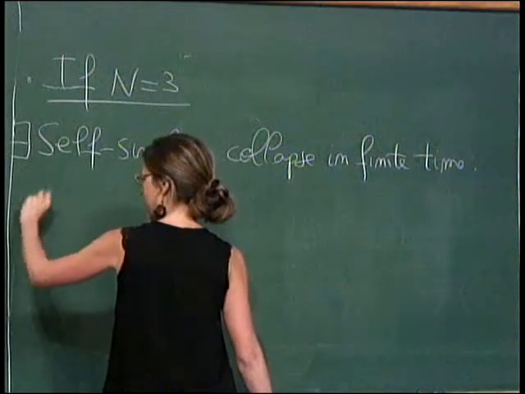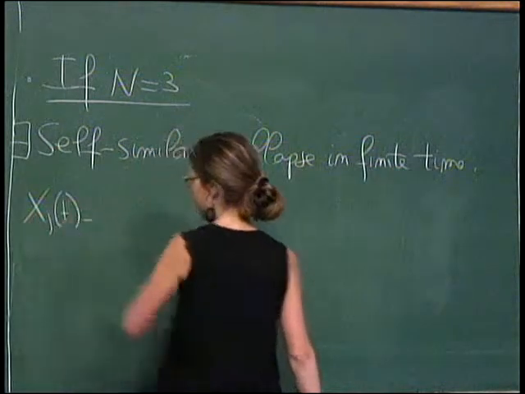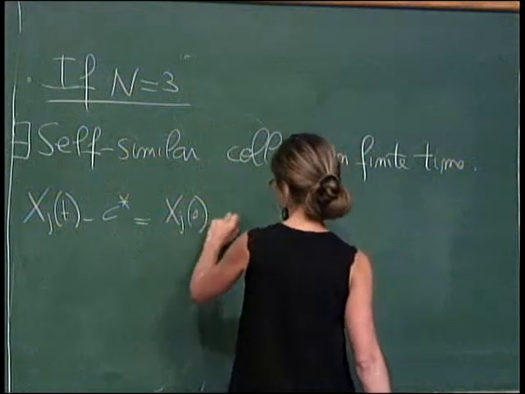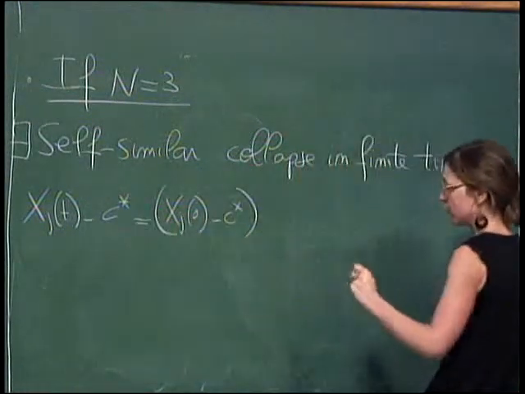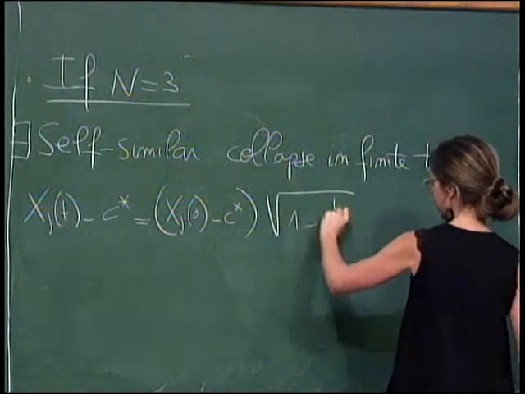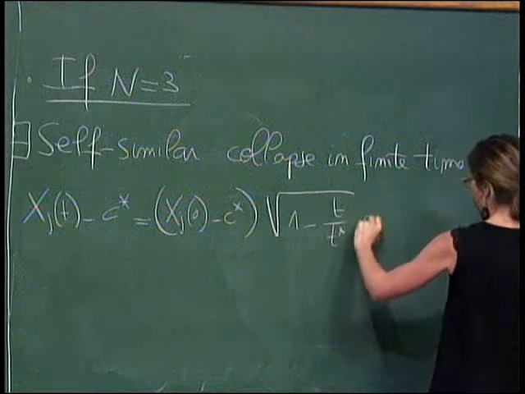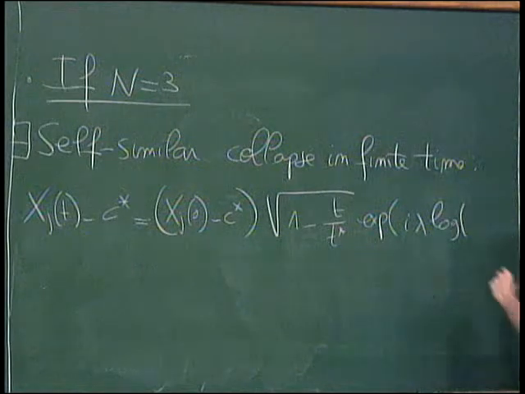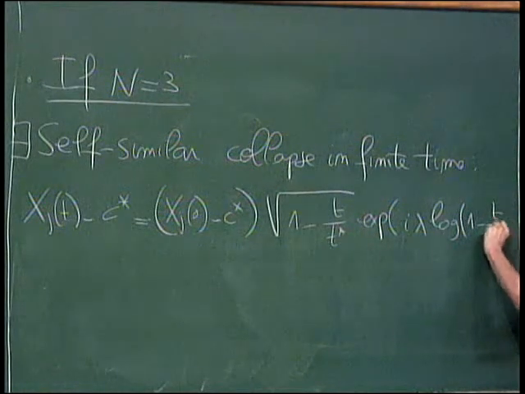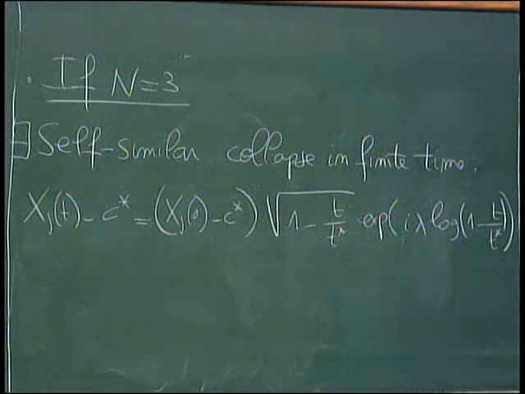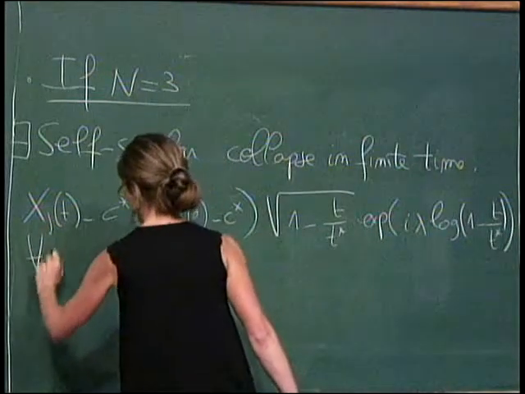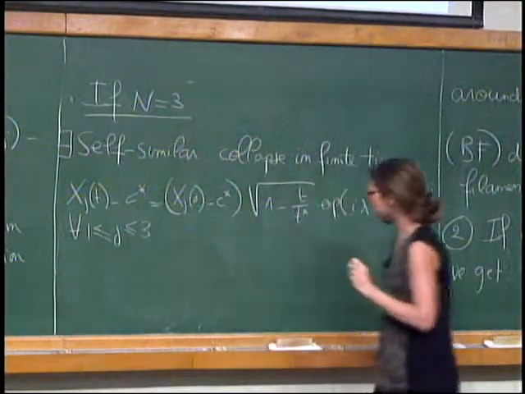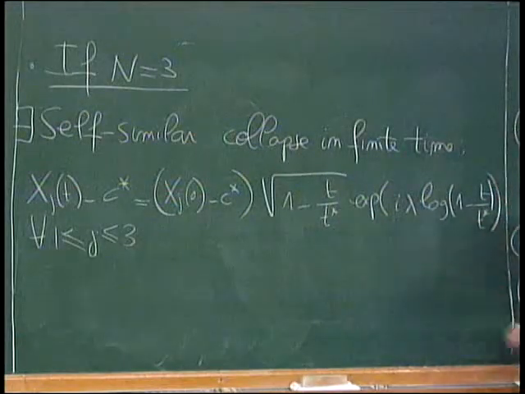So for which we can write xj of t minus the center of vorticity, c star, equals xj of 0 minus c star. So in complex notations, I write it like this: 1 minus t over t star, exponential of a phase, which is lambda times the logarithm of 1 minus t over t star, something like this, for all j. Okay, so t star is the time of collapse, and lambda is a constant.